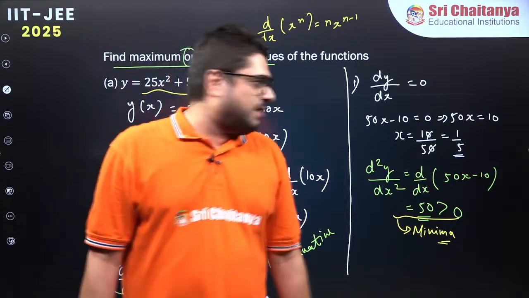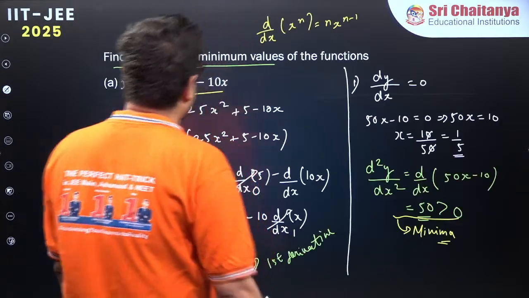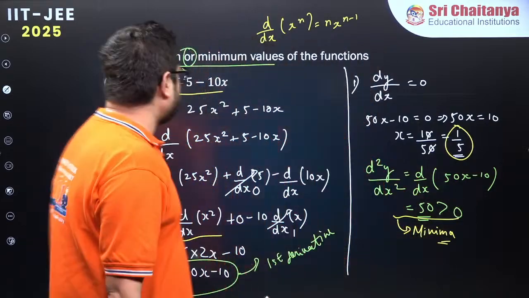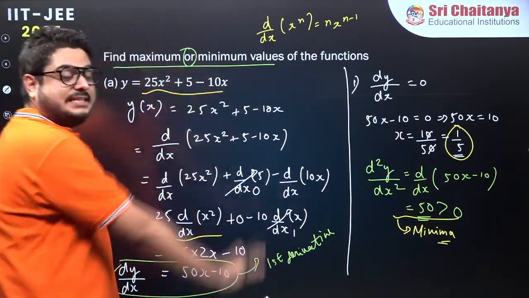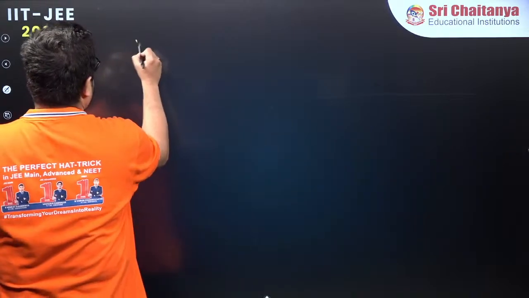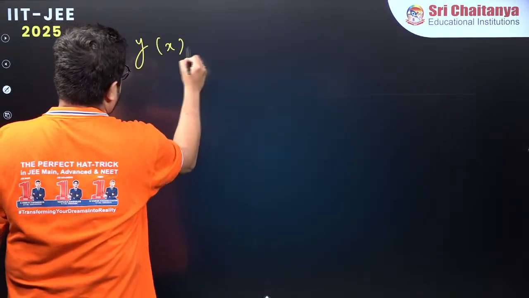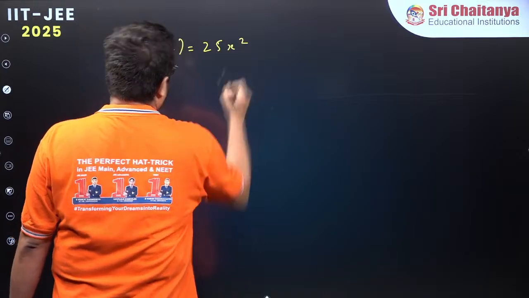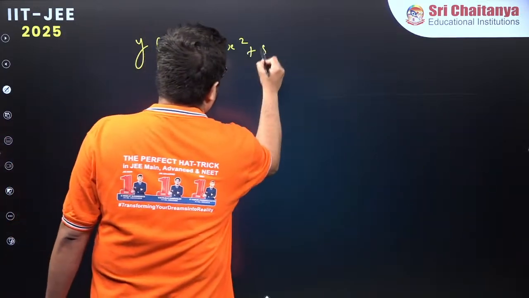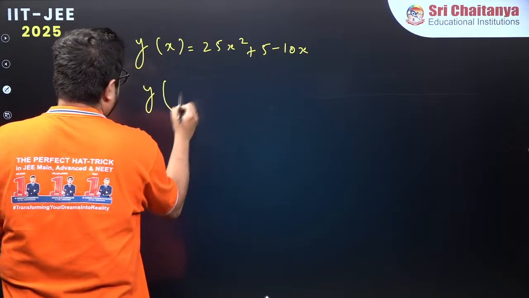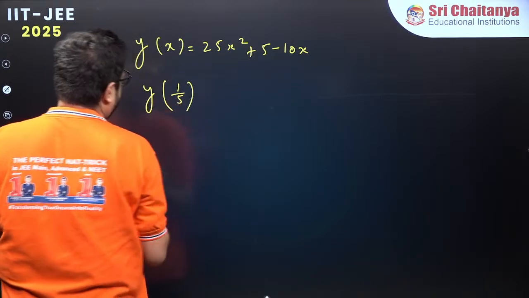So now how to find out the value of minima? What needs to be done? So now you need to take this value of x, which is equal to 1 by 5, and put it over there in the main function. What I am trying to do is y of x, see everyone, y of x is being given as 25 of x square plus 5 minus 10x.